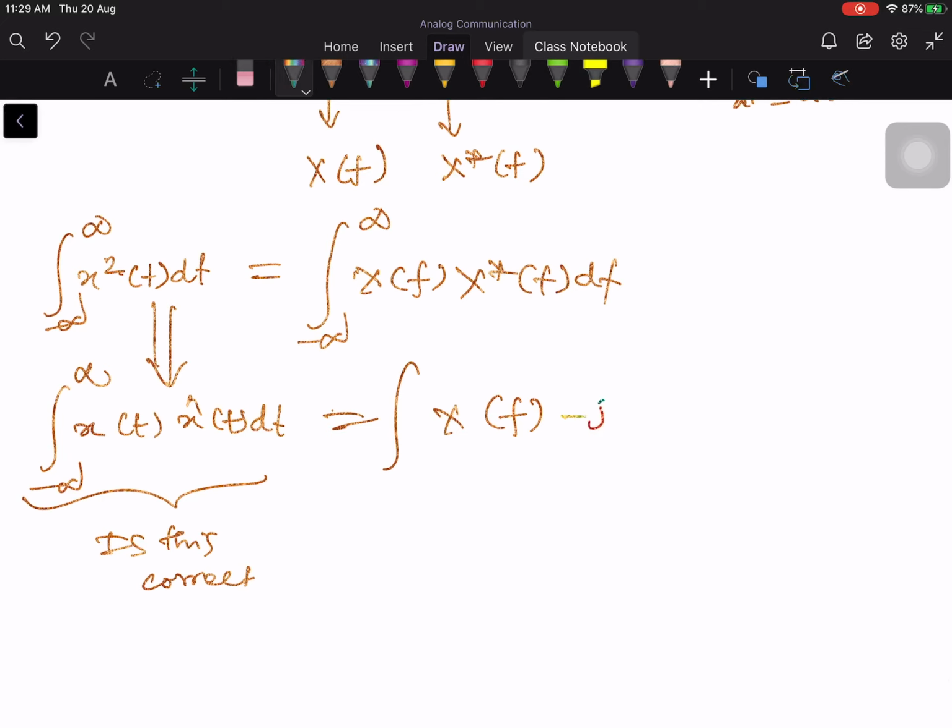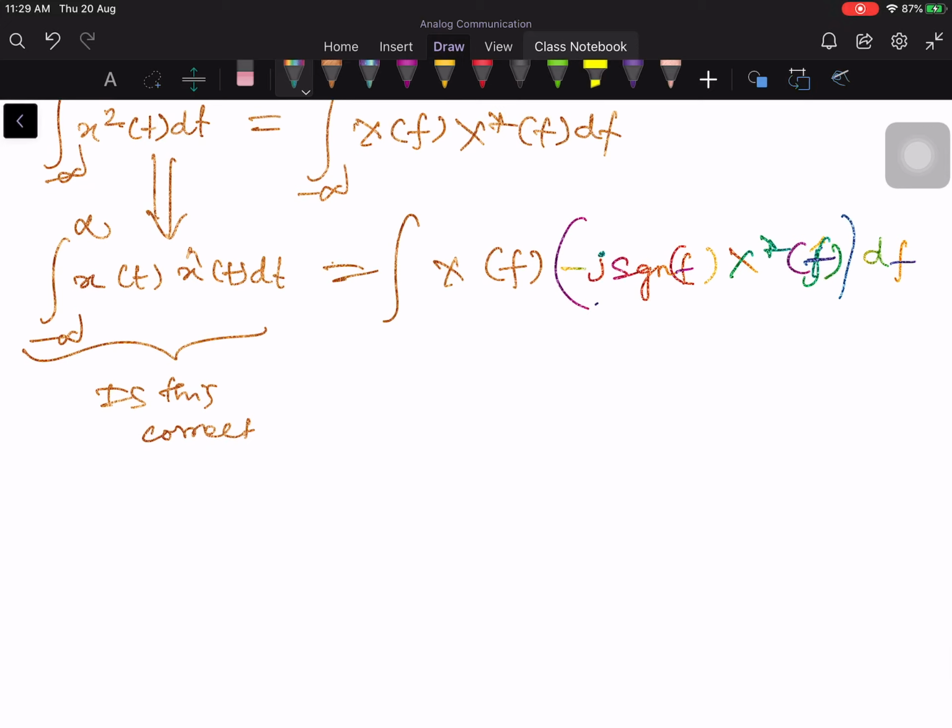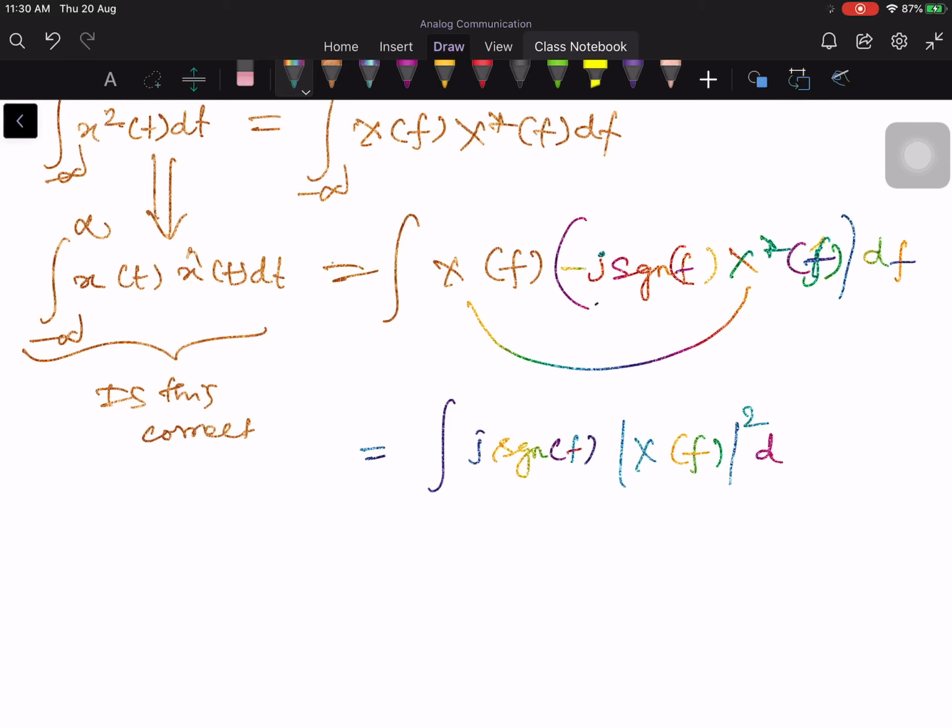Minus j times signum of f times x conjugate of f into df. So therefore this is j times signum of f, and this and that if you combine you will get modulus squared of x of f df.